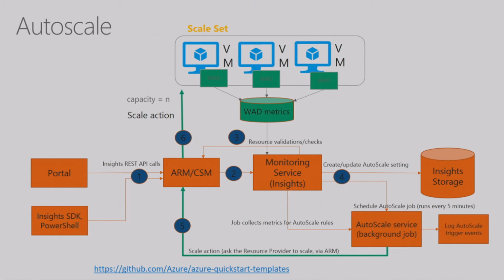And it logs that entry, which we can see in various places, including the portal. That background job is running on the Azure backend. The customer doesn't need to know about it or ever see it. Yeah, it's not on the VMs.